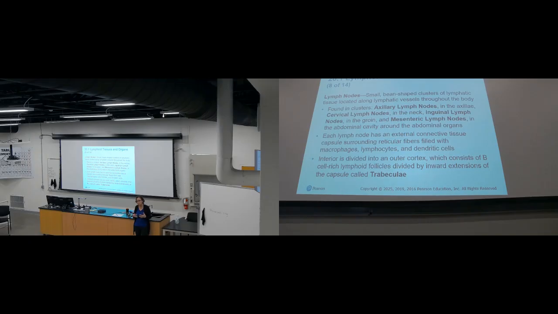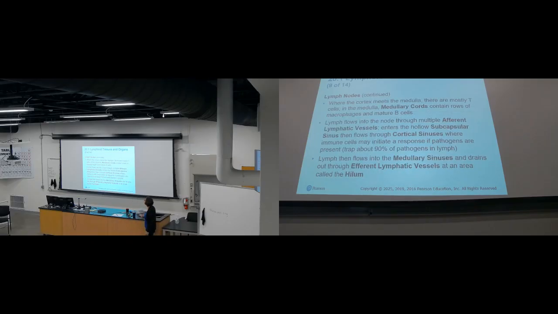This trabecula also helps to prevent the spreading, or to better contain the microorganisms and the cancer cells within a specific region of the lymph node, while the rest will remain doing other functions.